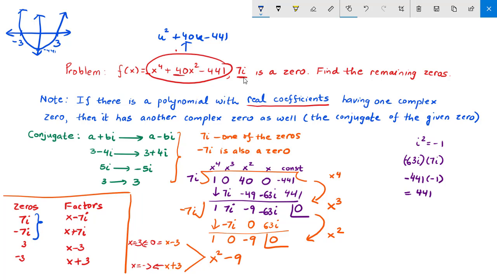The graph is going to cross 3 and negative 3 on the x-axis linearly, like a line, because they are occurring once. They are zeros of multiplicity 1. They are the x-intercepts. And the y-intercept, if I set x equals 0, is negative 441, which is right down here. And it's a symmetric function, so it's going to look like a u.